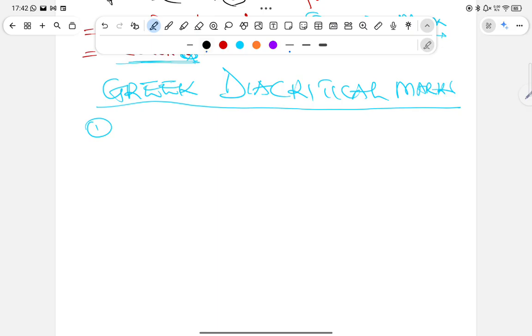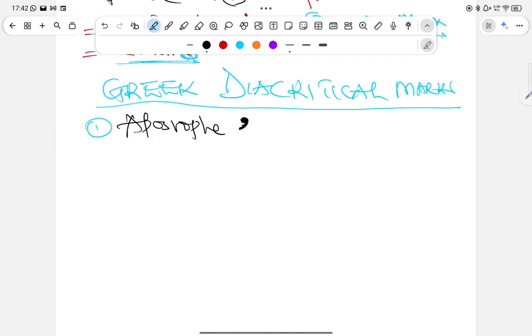Diacritical mark number 1 is the apostrophe, which is exactly what we're seeing. Now here's where you're going to find the difference in how the apostrophe as a diacritical mark is used from the breathing mark.